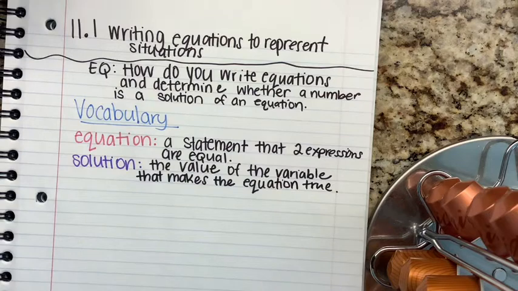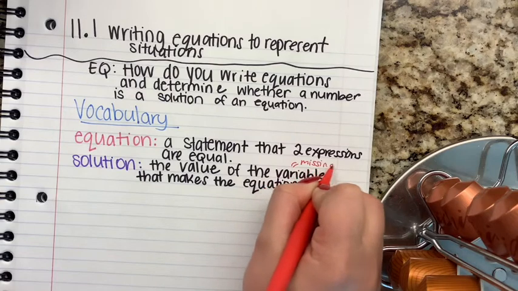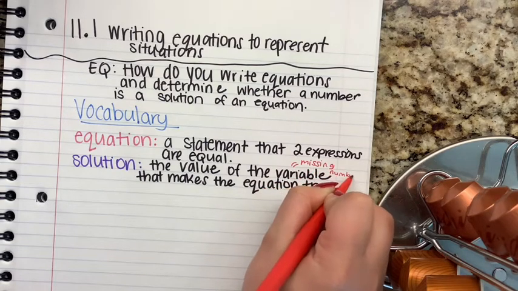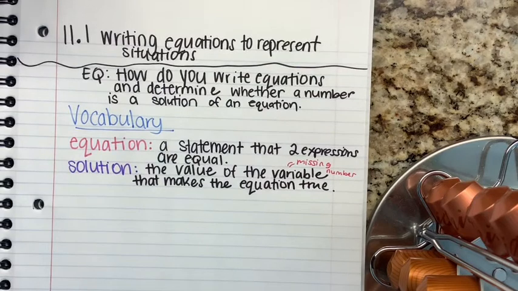And just a reminder that that variable is the missing number. And variables are often represented by letters like X, Y, any letter that you might make up could be a variable, the missing number. So first, let's start with some examples.